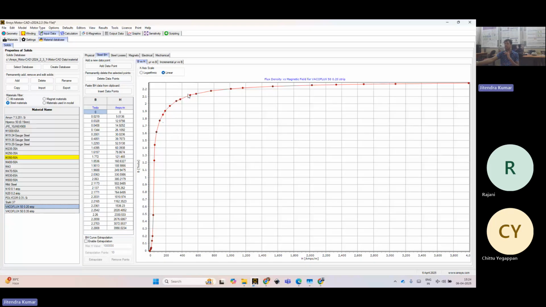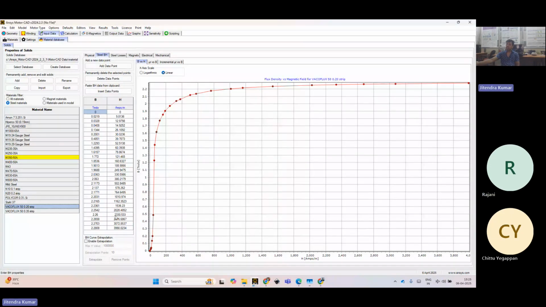What happens after saturation, after 2.1 or 2.2 Tesla? Iron losses are directly dependent on our magnetic flux density, in proportion to a square, or 1.6 times, hysteresis, or whatever you consider. You pump in more current, but it will not lead to an increment in air gap flux density, which is a major factor for torque production.